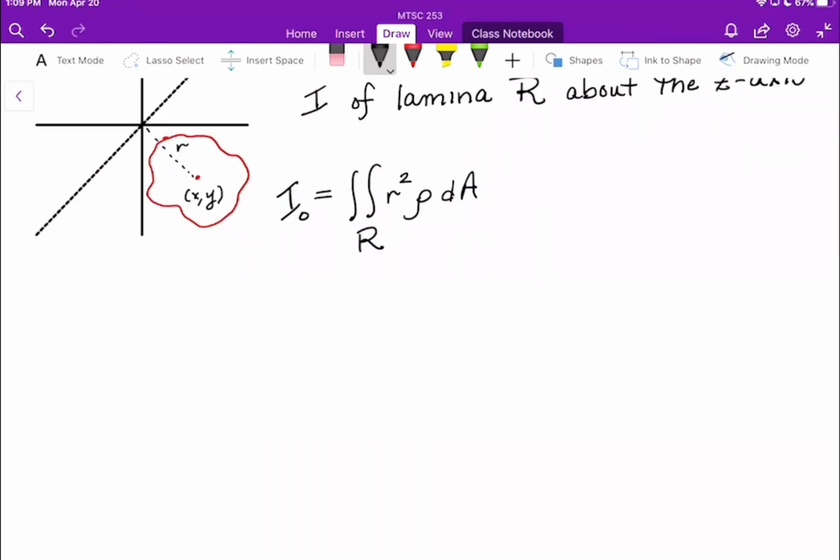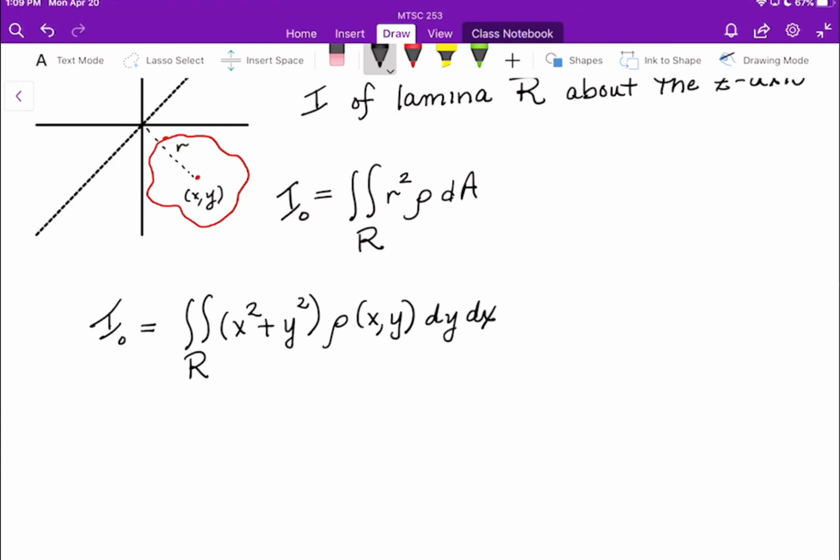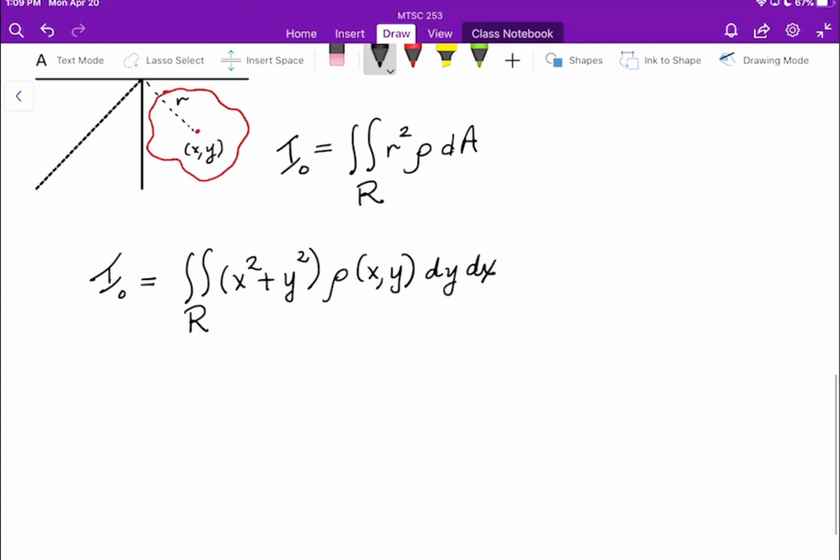So this says then that I naught is the double integral over the region of x squared plus y squared times rho of x y dy dx. Or if I want to write it in polar coordinates, the integral over r.